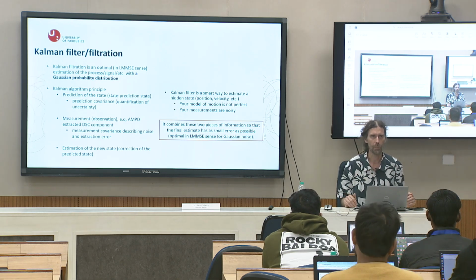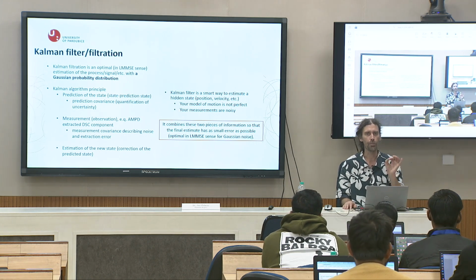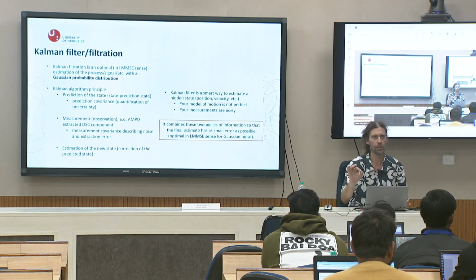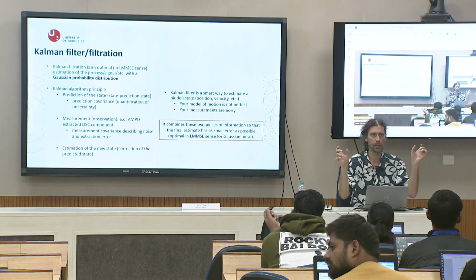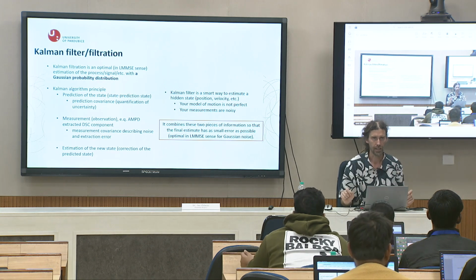And now the Kalman filter will make a decision: do I believe more in the prediction or do I believe more in the measurement? It is based on these covariance matrices.